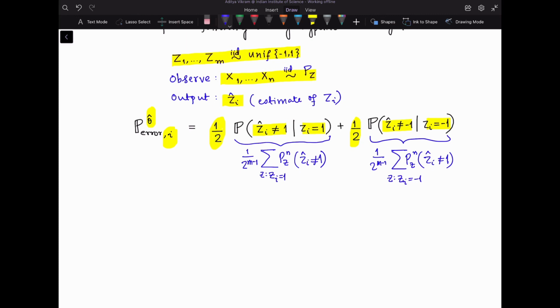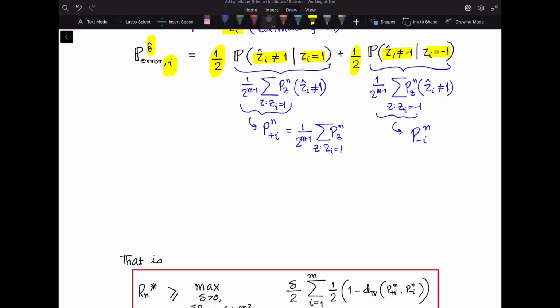Now we'll call this distribution here p plus i to the power n. This is basically this mixture distribution. And similarly, call this distribution here p minus i to the power n.